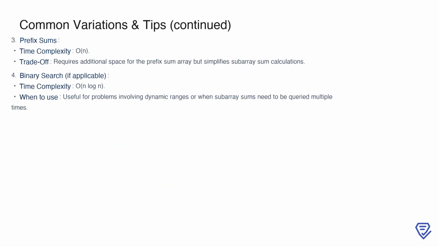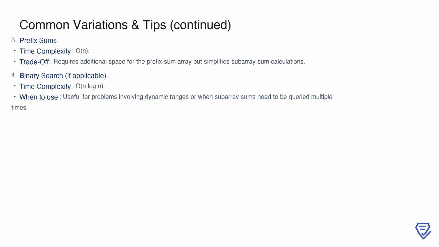Another alternative approach is using prefix sums, which also achieves a time complexity of O(n). This method involves pre-computing an array of cumulative sums, making it easier to calculate the sum of any subarray in constant time. However, it comes with the trade-off of requiring additional space for the prefix sum array. Finally, if the problem involves dynamic ranges or multiple subarray sum queries, a binary search approach may be applicable.